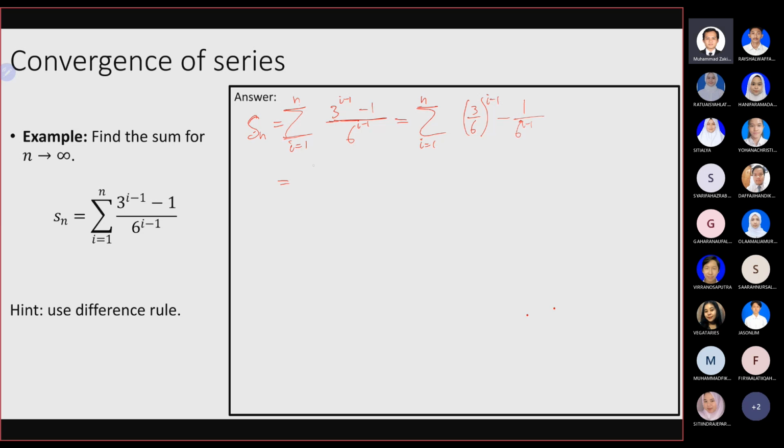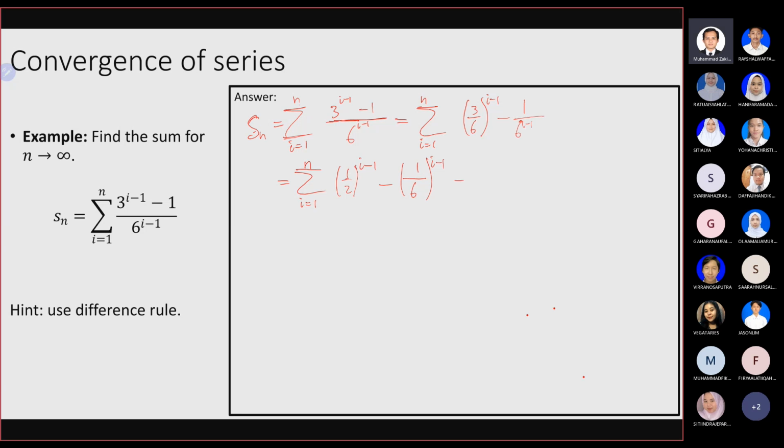It is equal to sum of I equals 1 to n of half power I minus 1 minus 1 over 6 power I minus 1.